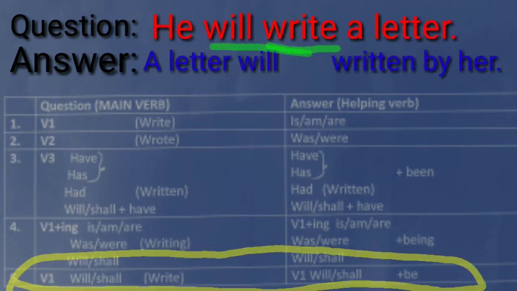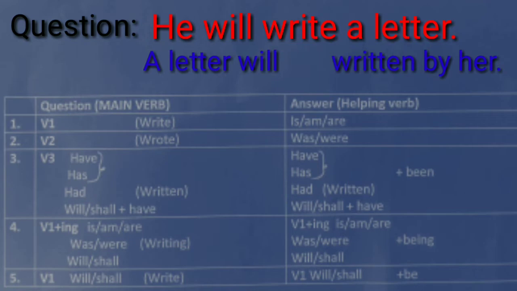If you have will or shall plus the V1 form of the verb like write, then you will have will or shall plus be in the answer in passive voice. We have discussed the rules and the table of helping verbs. Now we will work through a sample exam where you can guess the answer in 3 seconds.